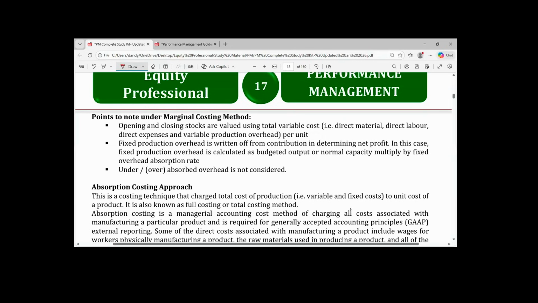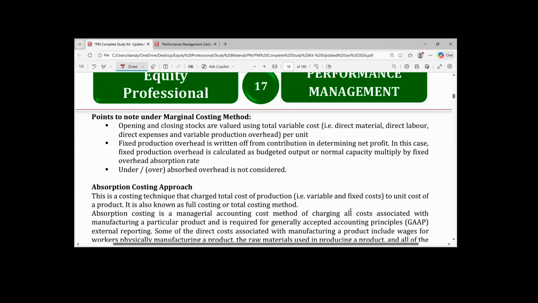We said that it is a technique that charges the total variable cost of production, including direct material, direct labor, direct expenses, and variable production overhead, to the unit cost of a product. We also mentioned that marginal costing is an accounting system whereby the period costs incurred are written off fully from the aggregate contribution.